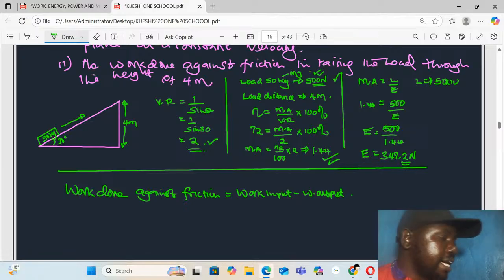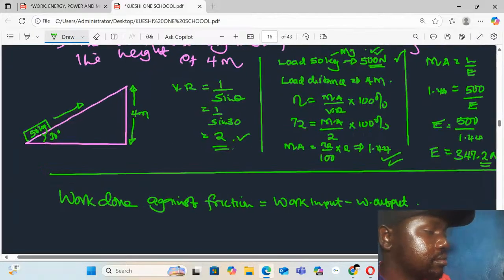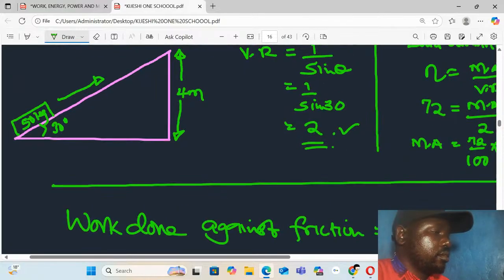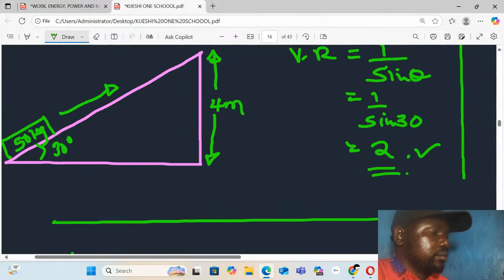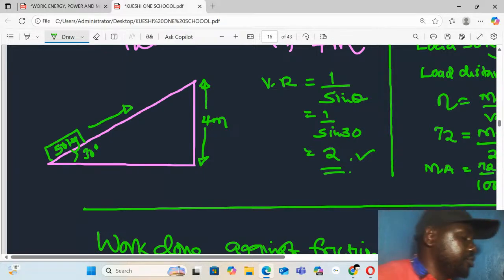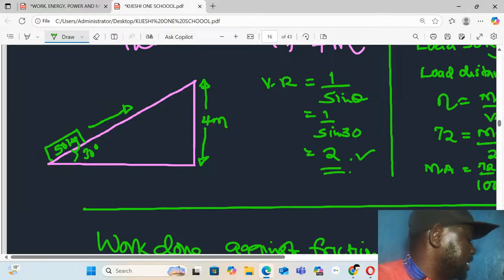So let's look at this diagram clearly. Allow me to try to expand it. This one will be enough for viewing. So now we are saying the work input minus the work output. Which one will be greater?